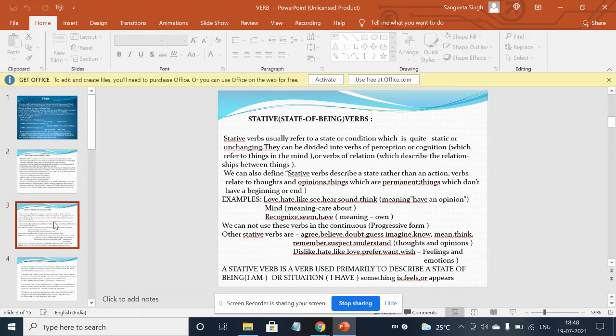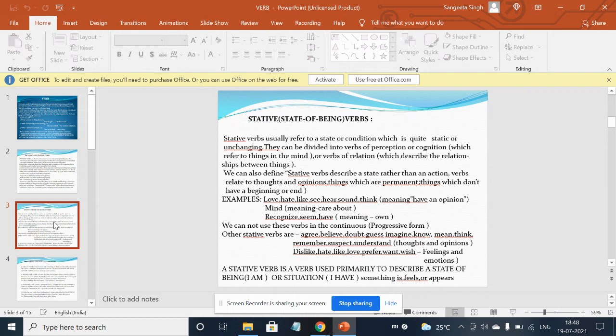This is the difference between dynamic and static verbs. Dynamic verbs are action verbs, but static is not. It has no beginning or end. It is permanent, it is unchanging.